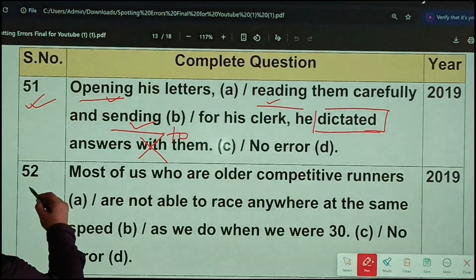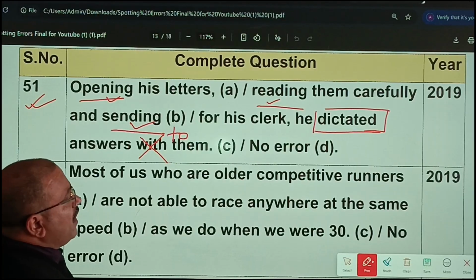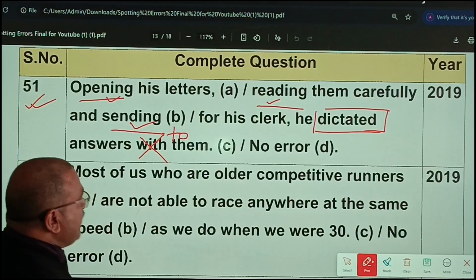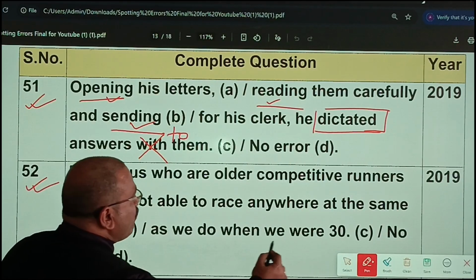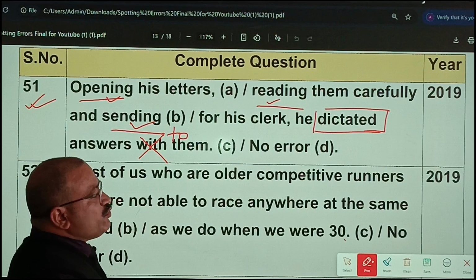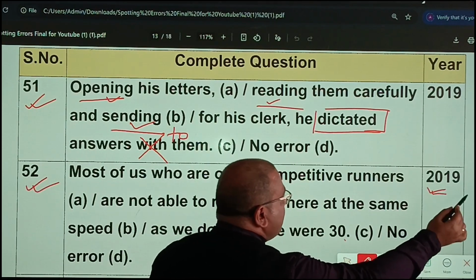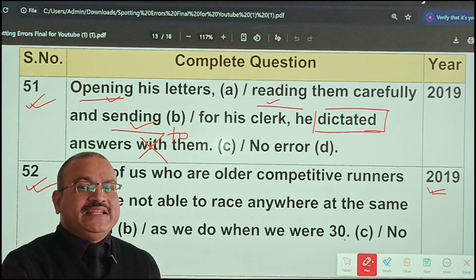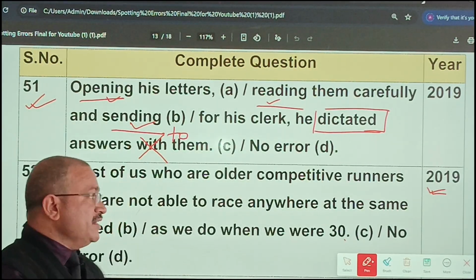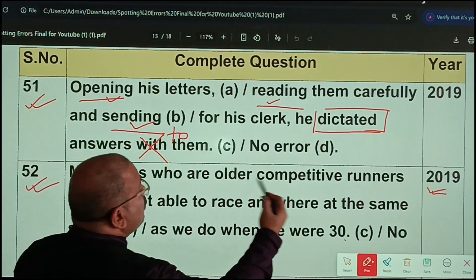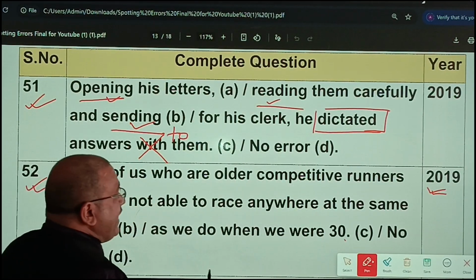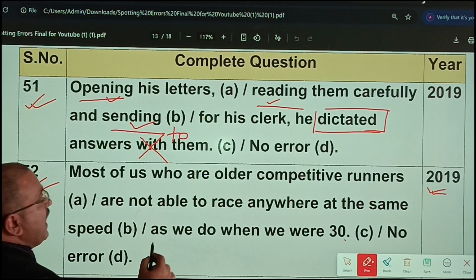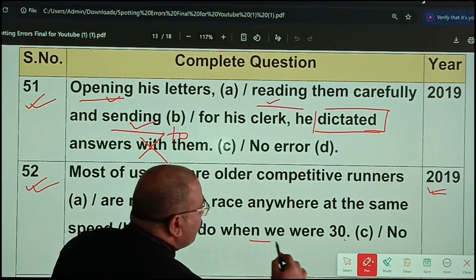Now, question number 52. Most of us who are older competitive runners are not able to race anywhere at the same speed as we do when we were 30. This question was asked again in 2019. Now, the sentence compares two abilities, one in past and the other in present.